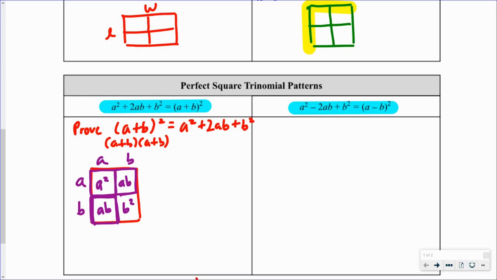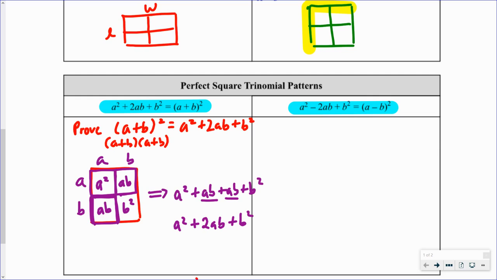So if we find the total area of this region, we're going to get a squared plus ab plus ab plus b squared. And if we simplify those terms, we get a squared plus, looks like we have two abs, plus b squared.